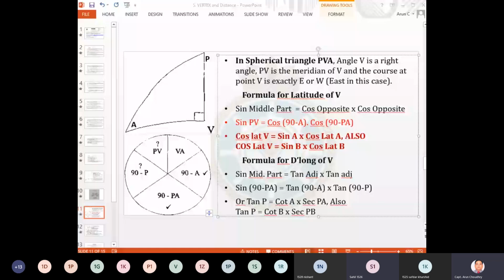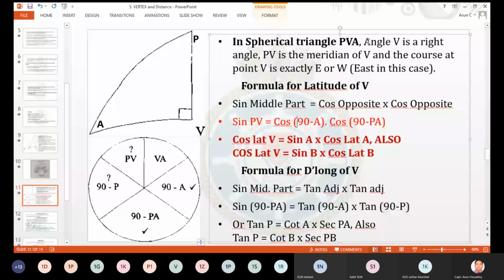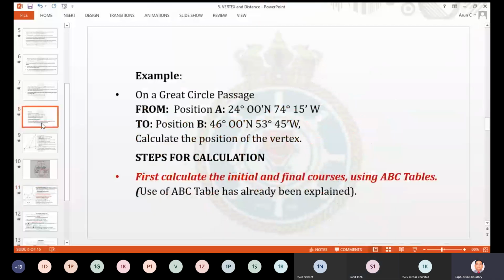Sir, I didn't note down the position of A. Can you tell me the position of A? Okay, everybody can see now the positions of A and B. Yes. Okay.